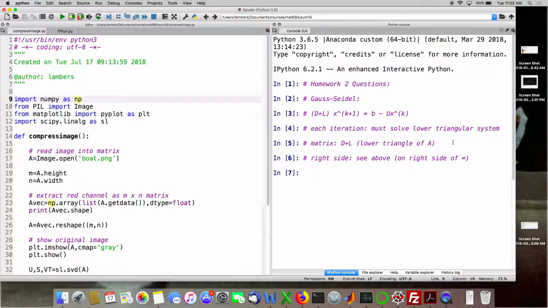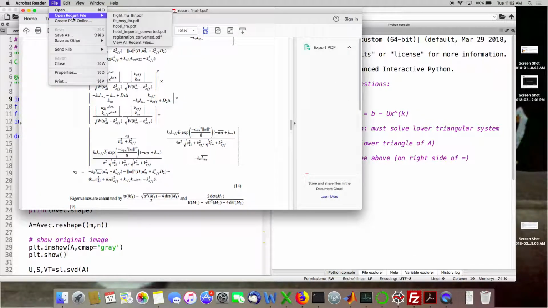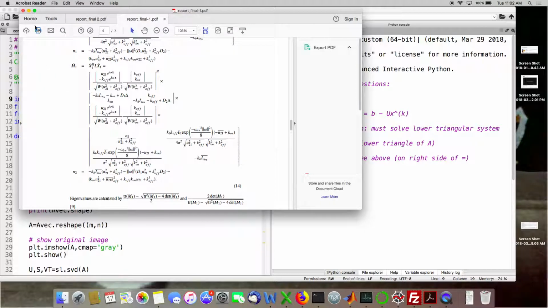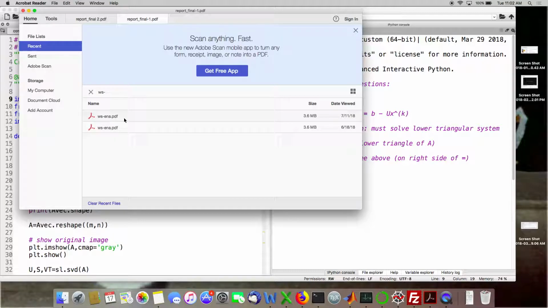Okay. Actually, one thing that's interesting that I want to point out related to this is Jacobi versus Gauss-Seidel.